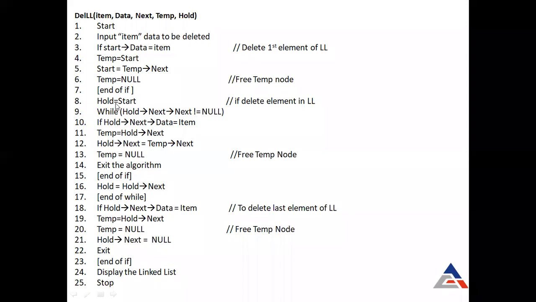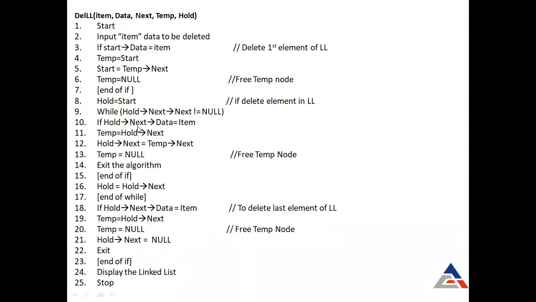So then hold becomes start. The temporary variable hold gets the value of start, and a loop will run until hold of next to next becomes null. It will check hold of next, whatever the next variable is, and then whether next to next has the value null or not. So we have put a loop over here.